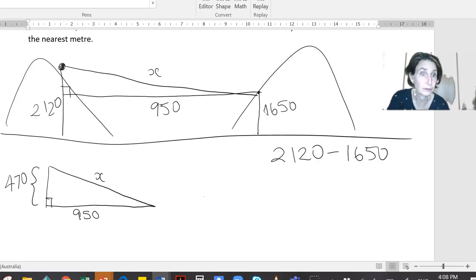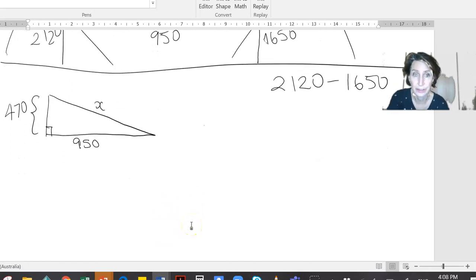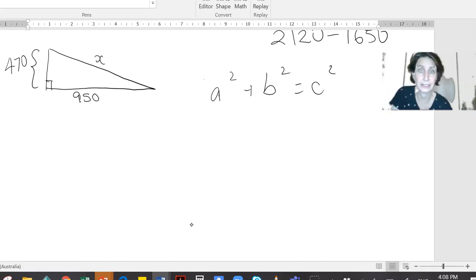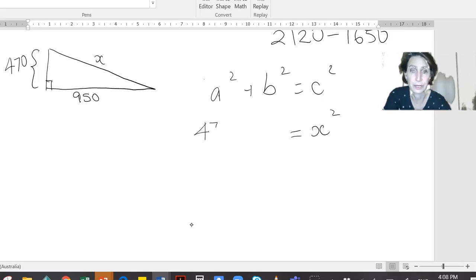All right, we are all set now to put into action our Pythagoras theorem. Here we go. a squared plus b squared equals c squared. In this case, the hypotenuse is again our unknown, and the 2 other sides, the 2 perpendicular sides, are the 2 sides that we've been given.